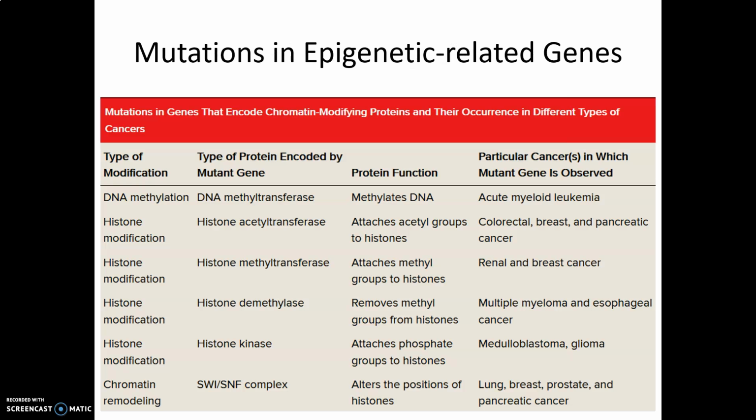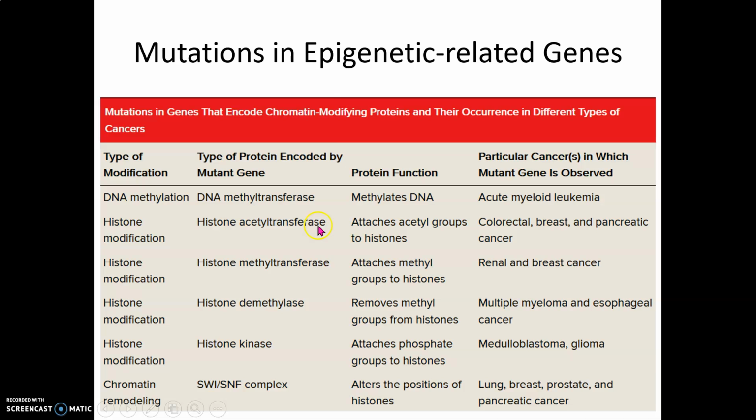Okay? So here are some mutations that have been linked to cancer. So one, in DNA methylation. Here are our histone modifications and our chromatin remodeling. These enzymes or genes should be familiar from when we talked about them in epigenetics. And here are the cancers that they are related to, okay? So DNA methylation and acute myeloid leukemia.